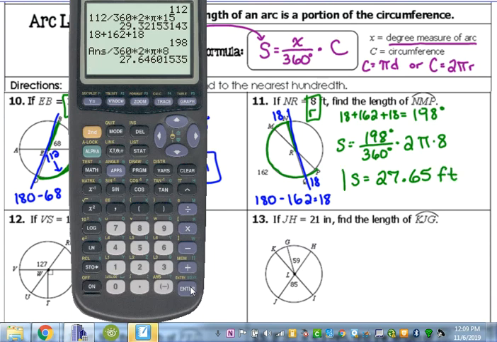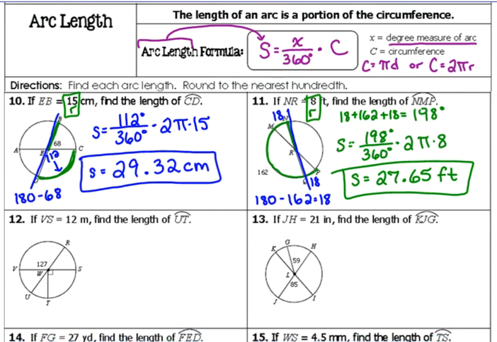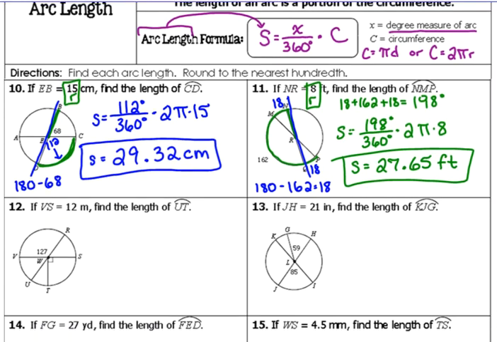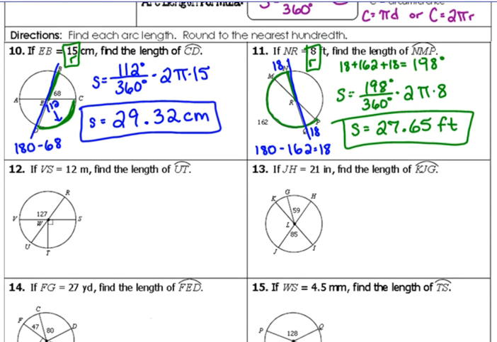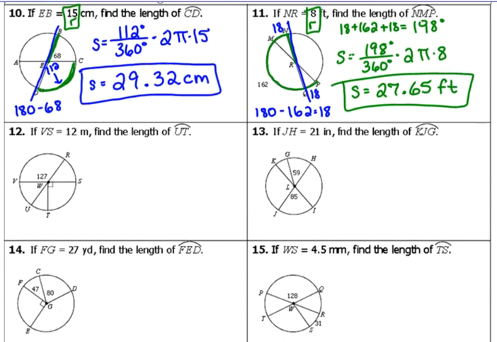This one was feet. So the arc length formula itself, pretty simple. Where it may get a little complicated is that you have to sometimes do some manipulation to figure out what your angle is. It's not necessarily just going to be outright given to you.